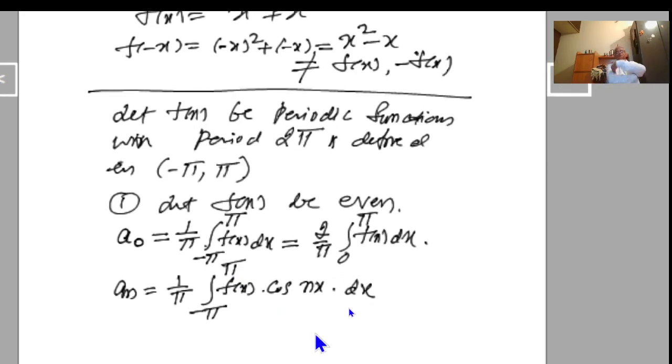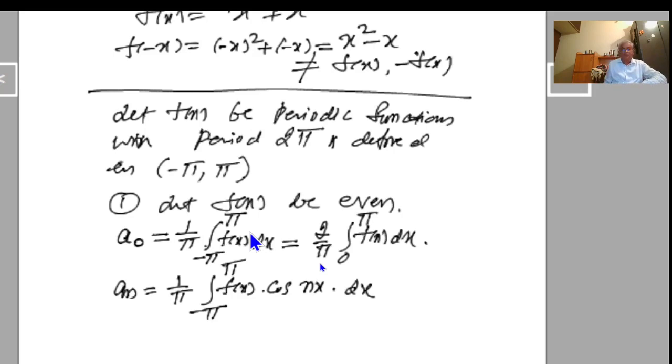Now, what is f of x here? In this case, we have taken f of x as even. What about the cos function? This is also even. F of x is even, cos is even, therefore even into even is again even. If this is an even function, then minus pi to plus pi can be written as 2 times 0 to pi.